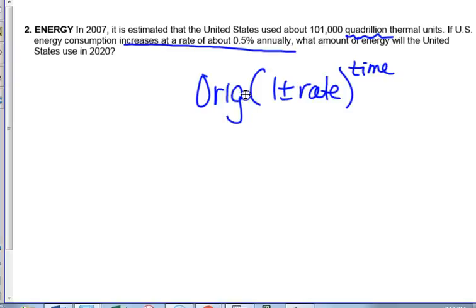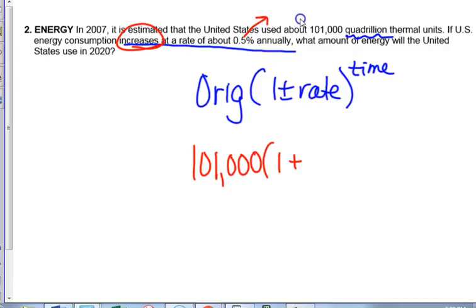It's plus or minus depending if it's growing or decaying. This one says increases, so we're going to use plus. And we're going to use original as this amount of quadrillion of thermal units. Now be careful, this has a decimal in it, so some of you will forget to move it over, but we still have to move it twice.